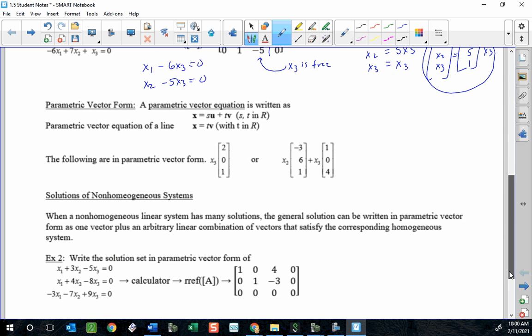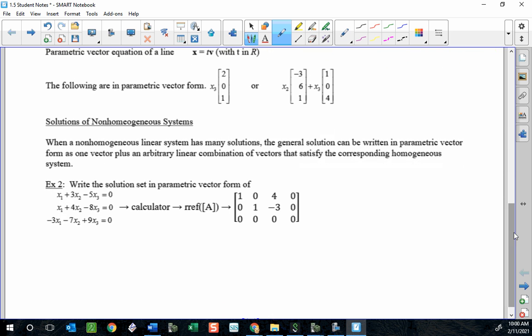The next part says the following are in parametric vector form. That's similar to what we have. If you have a combination of vectors that lead to your answer, like you've seen before with our whiteboard work in class today, this is just an example of that. Now, solutions of non-homogeneous systems.